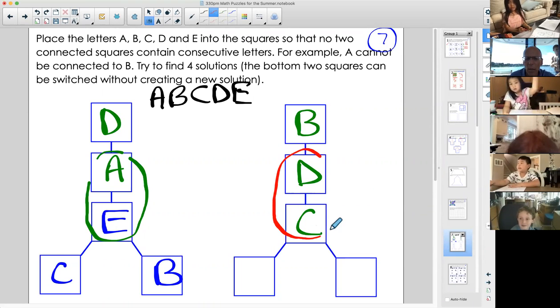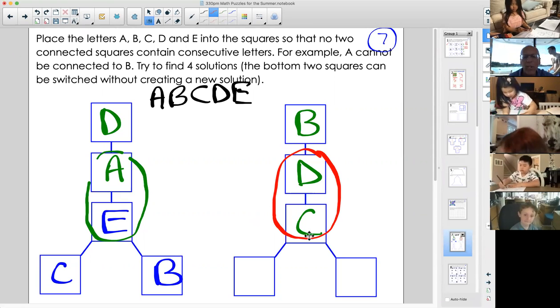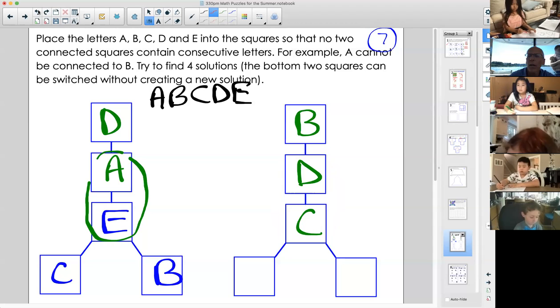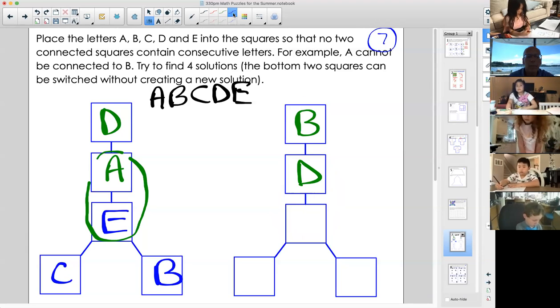Hold on. Valerie, are we allowed to put D and C next to each other? So Valerie, can you fix that? Valerie, can you fix that, honey? She is fixing. Oh, okay.